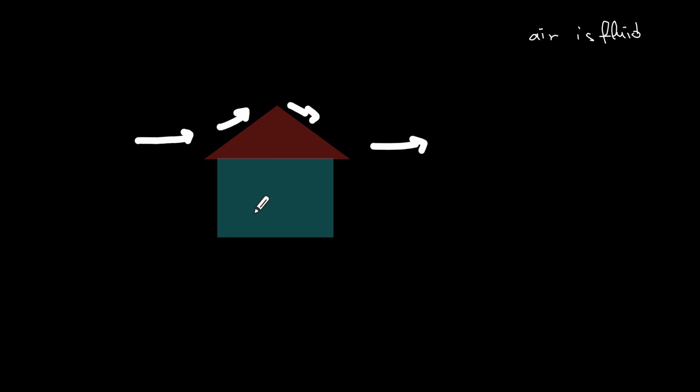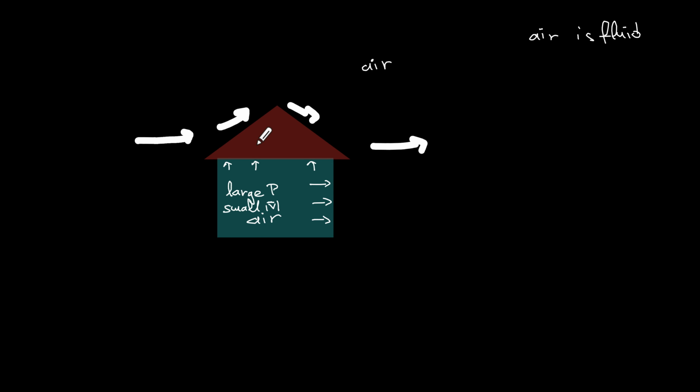Now, of course, you have air both inside the house and outside the house. The air inside the house is moving with a small speed, if at all. This means that there is a large pressure on the walls of the house, and of course that includes the roof.